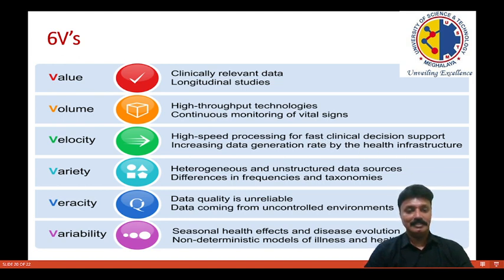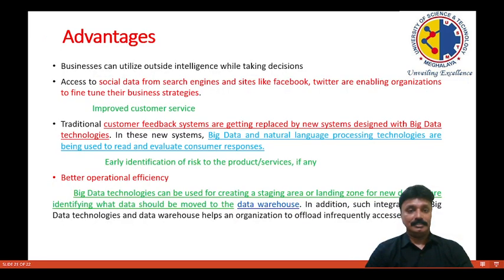The variety is heterogeneous and structured data resources, and again the veracity is unreliable data coming from uncontrolled environments. So with this, the variability is also considered in the 6 V's in big data analysis.